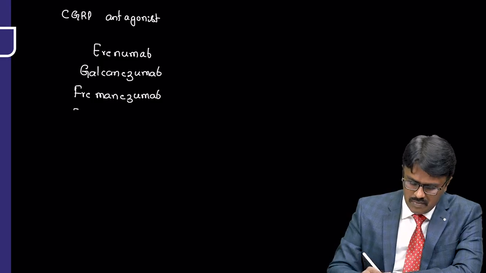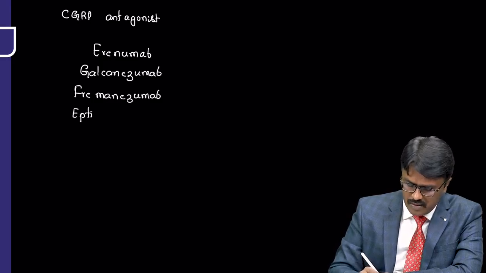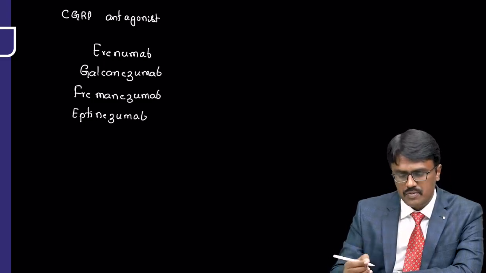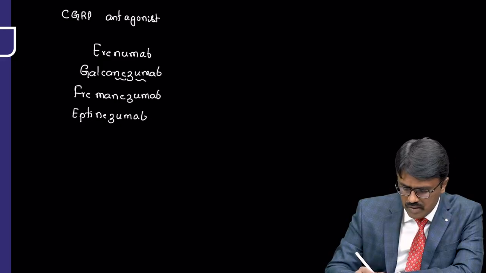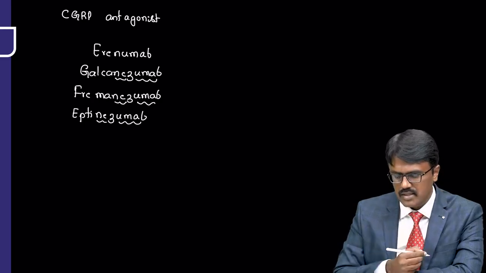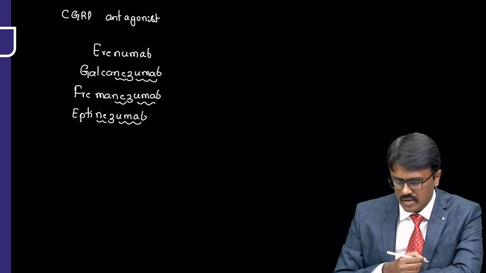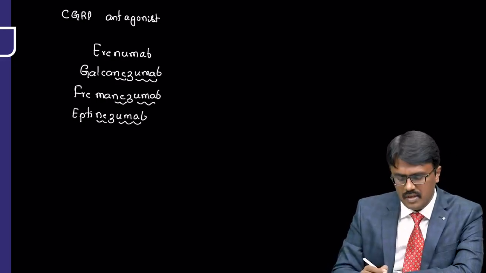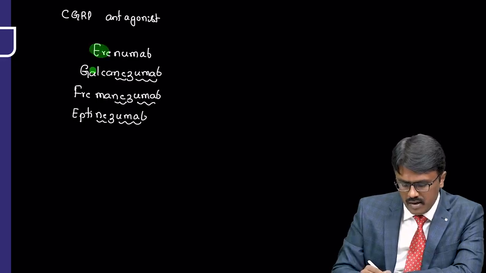Recently we have come up with eptinezumab. Basically I can give a clue for this if you don't want to remember. They all end with nezumab, except erenumab. All other drugs end with nezumab. And there is one more clue for you. Every girl can free a man.